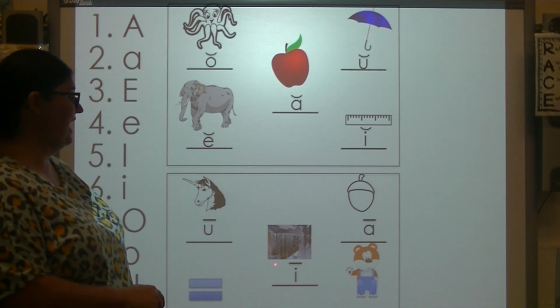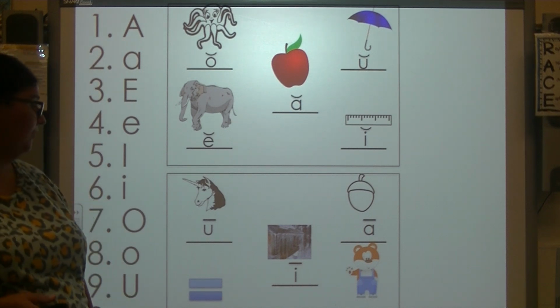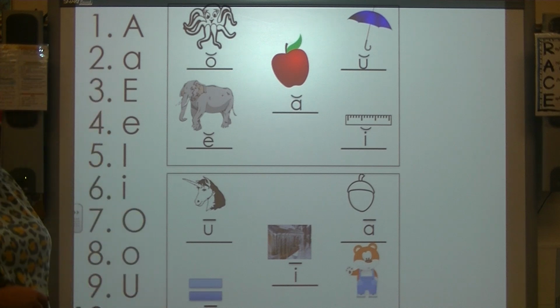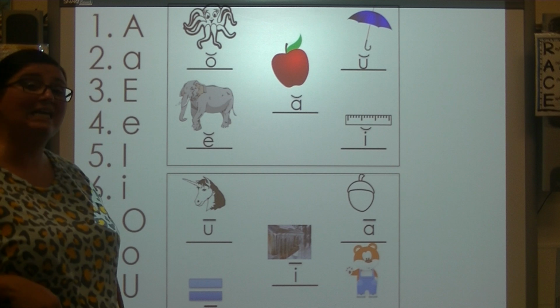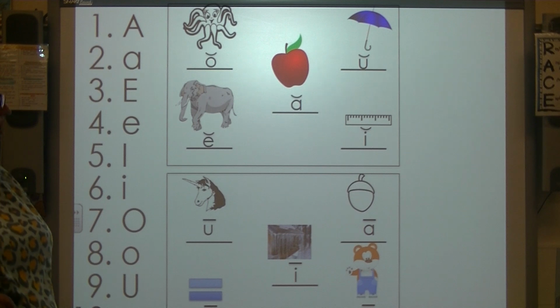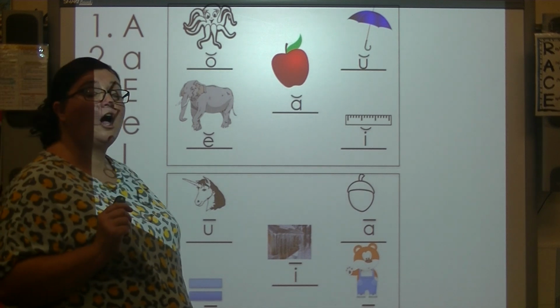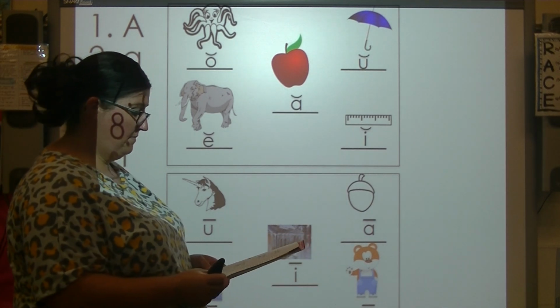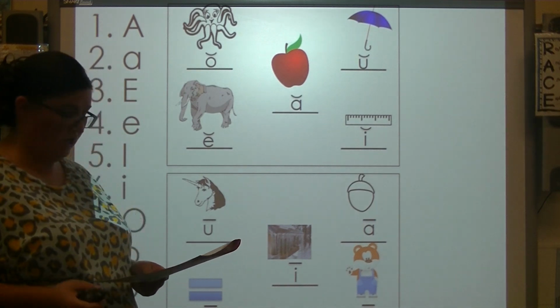Icicles, long I with a macron. Equals, long E with a macron. And overalls, long O with a macron. Check your work.